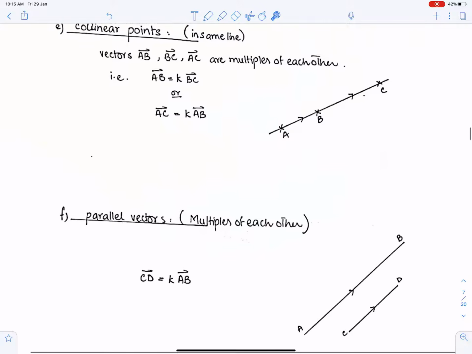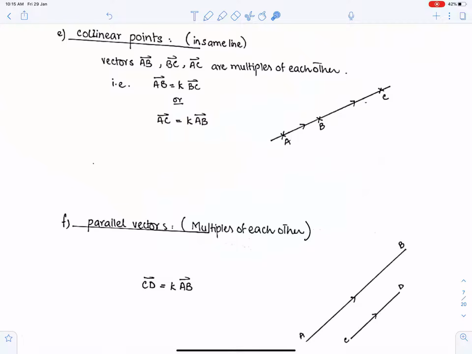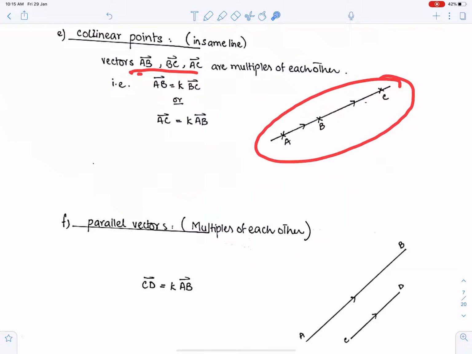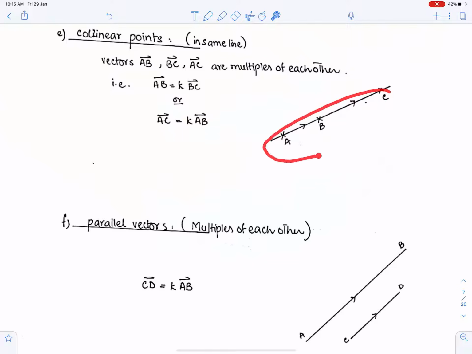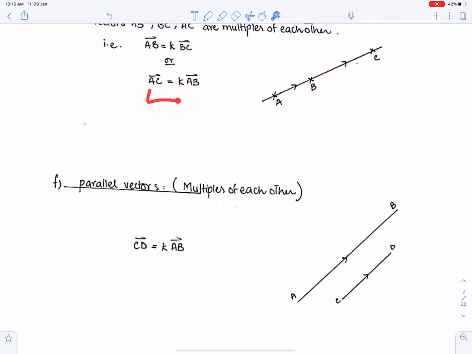Parallel vectors. I mean, vectors formed through collinear points are multiples. Similarly, parallel vectors are multiples. These two types of vectors are multiples of each other. But see, one point is common. If we have a common point in vectors, then that means these points are on a straight line.